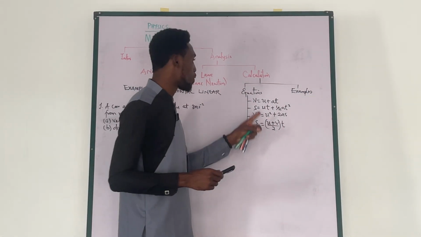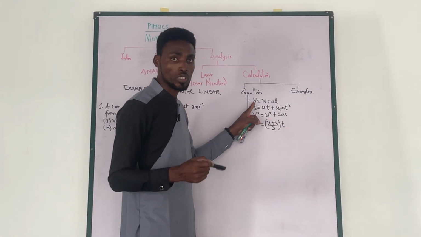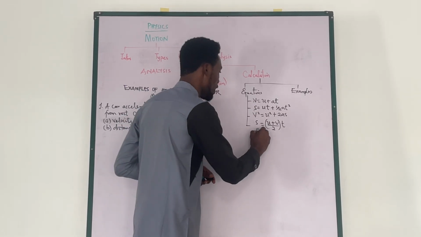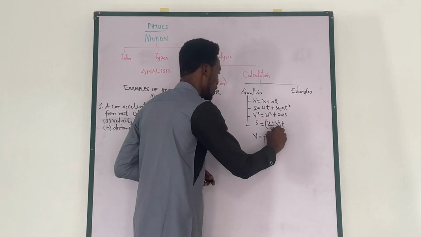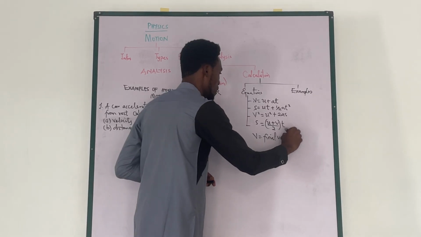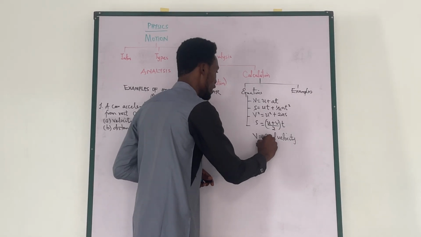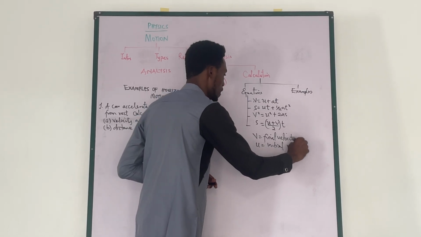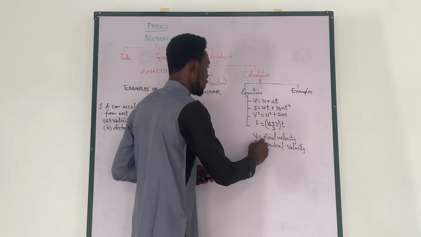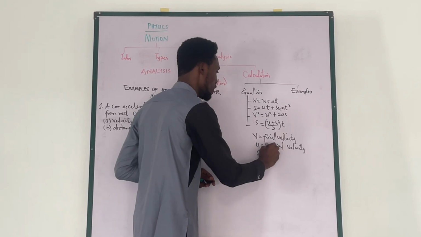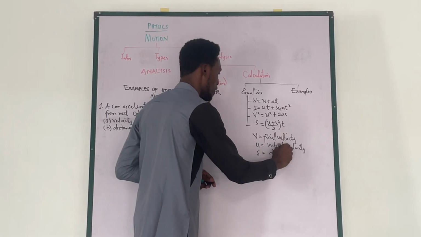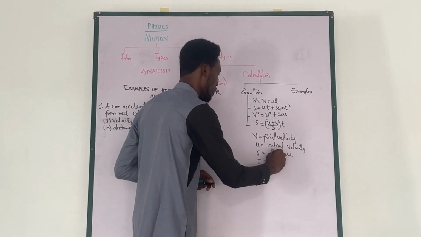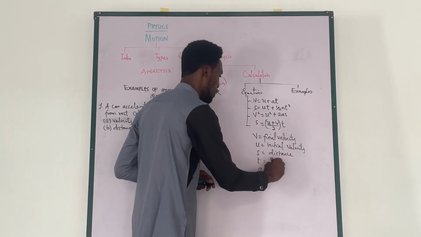Everywhere you see V in this equation, it's called your final velocity. Your U is initial velocity. And your S means your distance. Your T, of course, is time. And your A is acceleration.